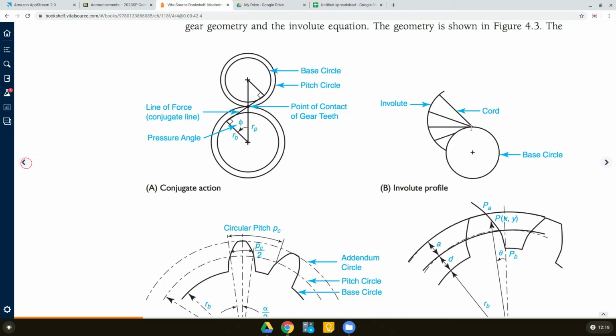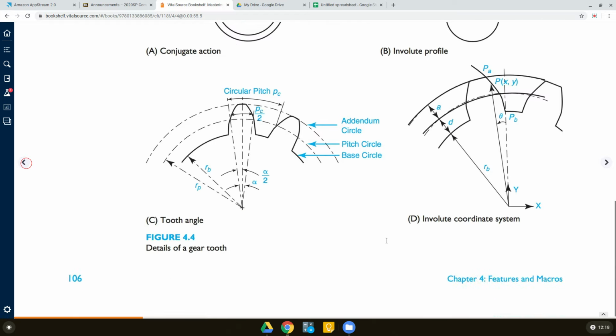If you wrap a thread around a coin and you keep one end of the thread fixed and unwrap the thread from the other end, the path that the thread will take as you are unwrapping it from the coin is called the involute profile, and that is the profile we need here so that the two gears mesh with each other properly. Okay, so that's enough information. You can read the rest of the information from the book, but for now we need to find out the radii of different circles.